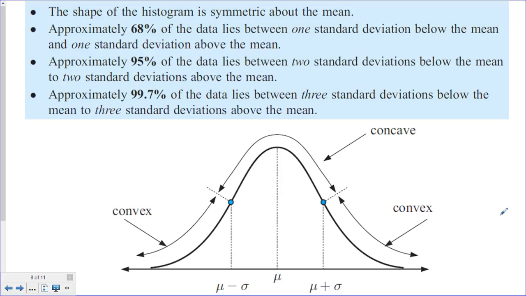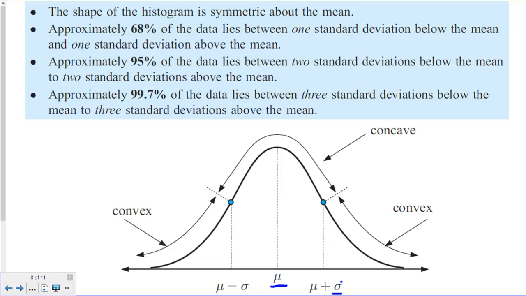Approximately 68% of the data lies between one standard deviation below the mean and one standard deviation above the mean. So on our diagram here, we've got mu, which stands for our mean, and we've got sigma, this symbol here, which stands for standard deviation.